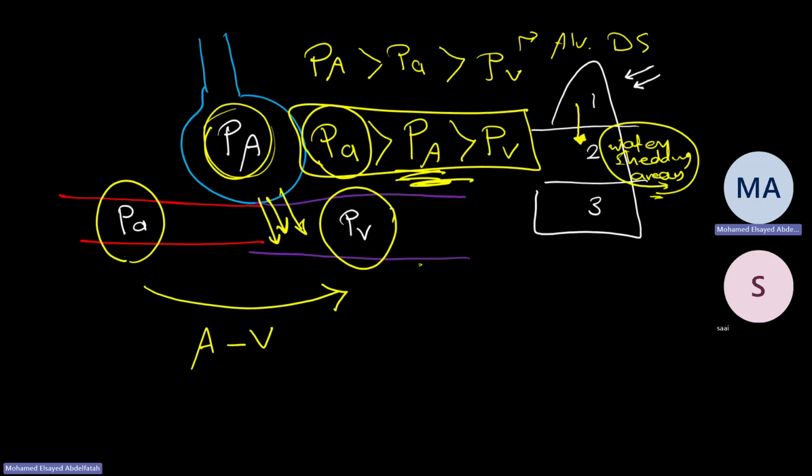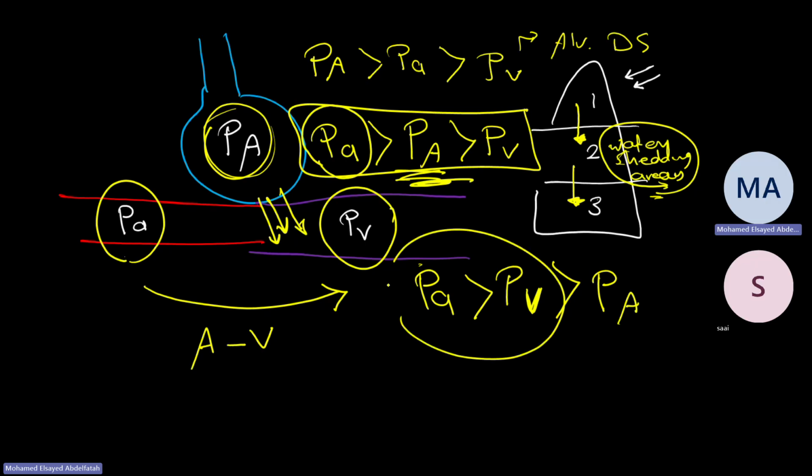If we move more downwards, the arterial pressure and the venous pressure will increase more and more. So the arterial pressure will be higher than the venous pressure, which has now become higher than the alveolar pressure. So now the artery and the vein are very distended, the pressure is high and higher than the alveolar pressure.